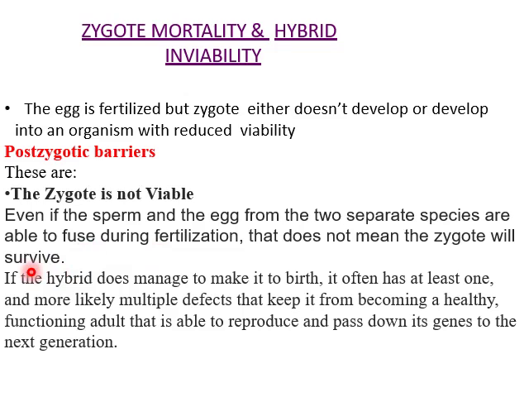Number two, if the hybrid does manage to make it to birth, it often has at least one or more, likely multiple, defects that keep it from becoming a healthy functioning adult that is able to reproduce and pass down its genes to the next generation. That may be called a sterile offspring.